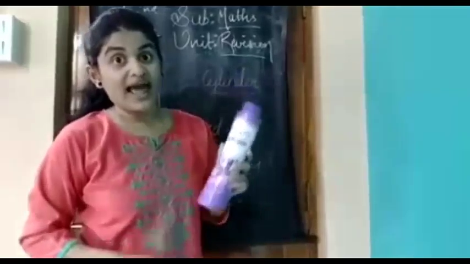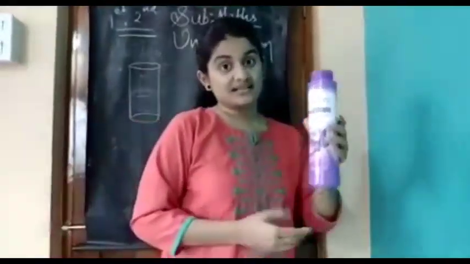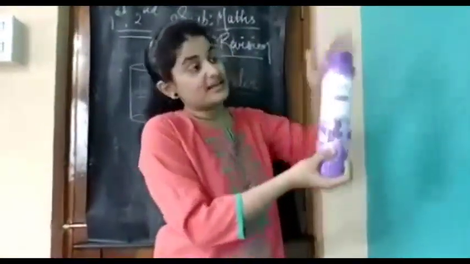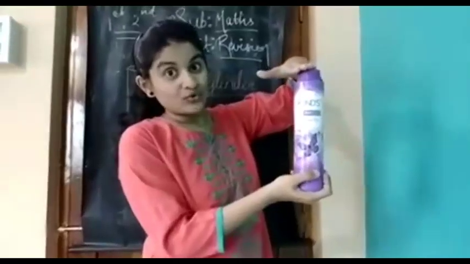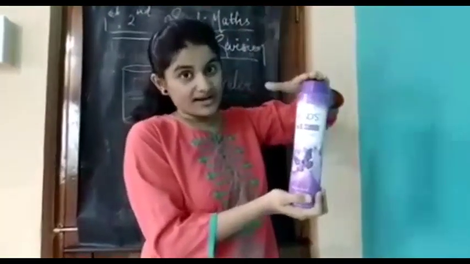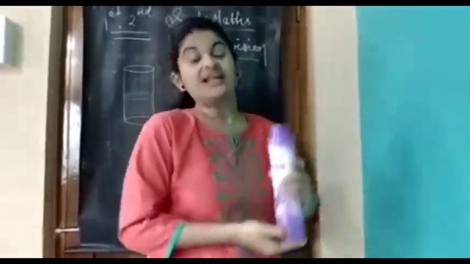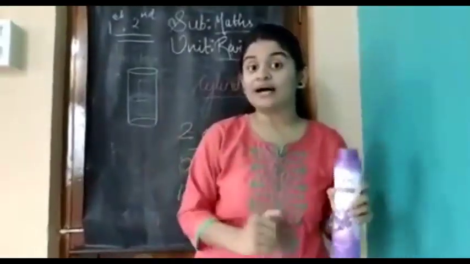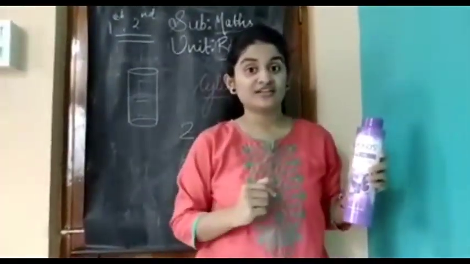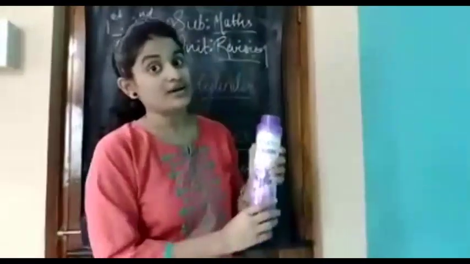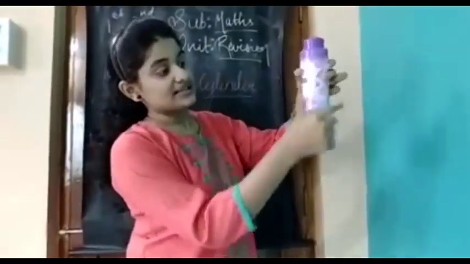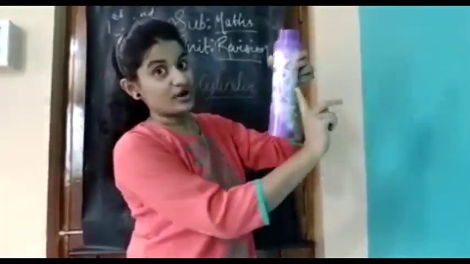Yes, this bottle has two edges. They are 1 and 2. Understood? And tell me, how many curves does this bottle have? Yes, it has only one curve. That is this. Understood? Yes.